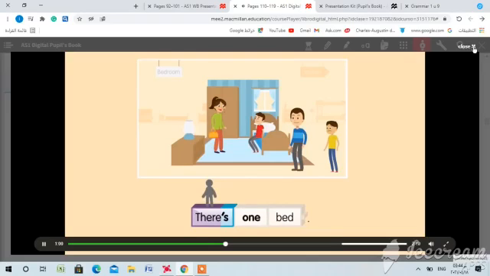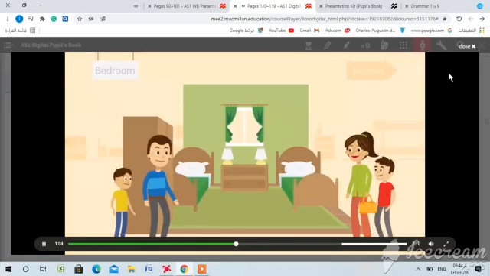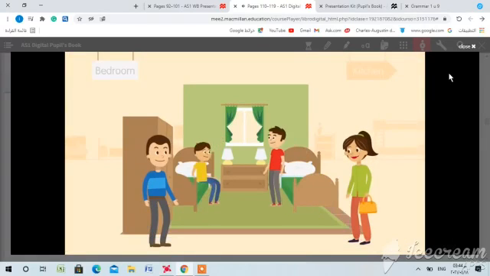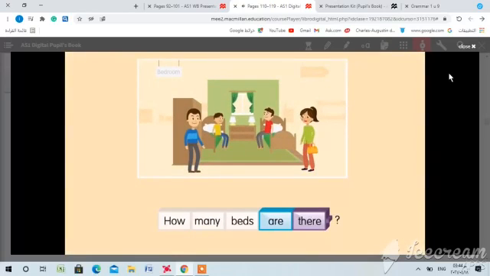There's one bed. How many beds are there?